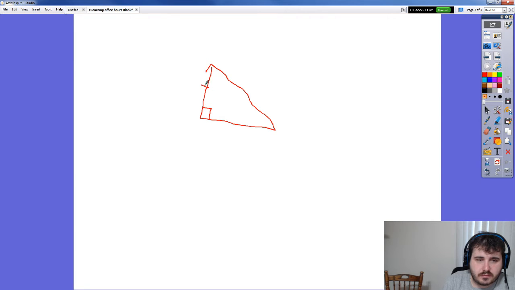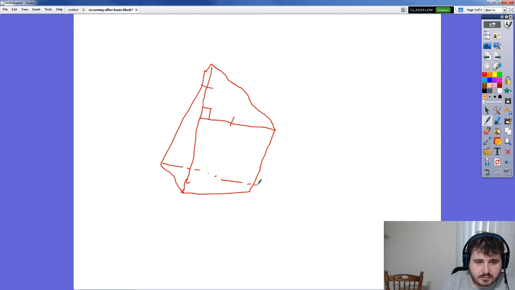This is a 45, 45, 90 triangle, so both legs are the same. And then I'm going to draw this terrible looking prism because I'm doing this by hand. So you'll have to excuse the awful shape here. So the leg is 9 and then the height of it is 2.3.